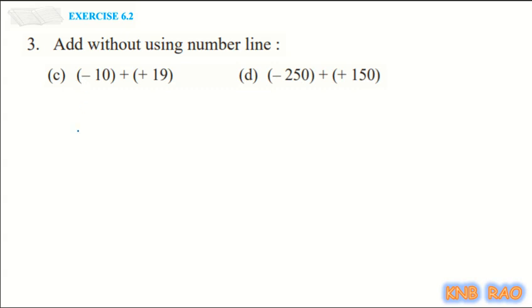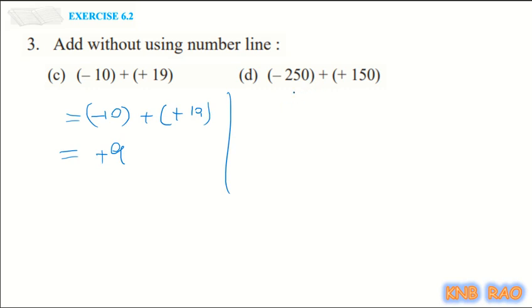3rd C, here while doing minus 10 added to plus 19, here 19 is bigger than 10 by 9 steps, or 9 steps more, and this 19 is positive, so that will come as the sign of the sum.